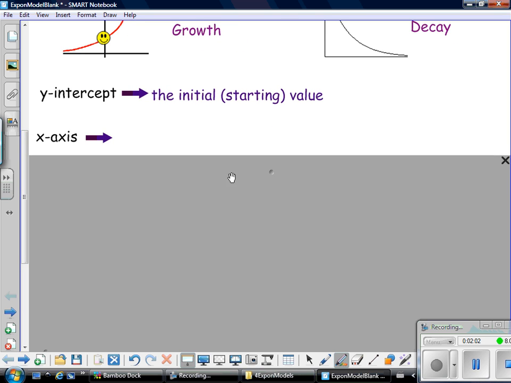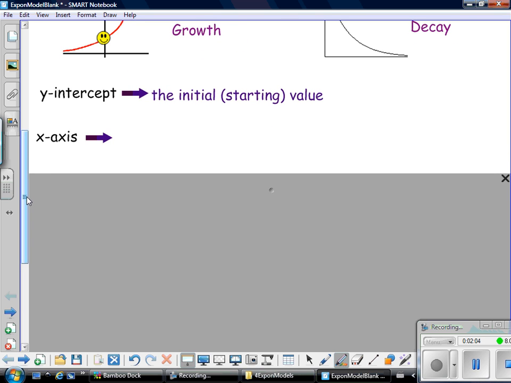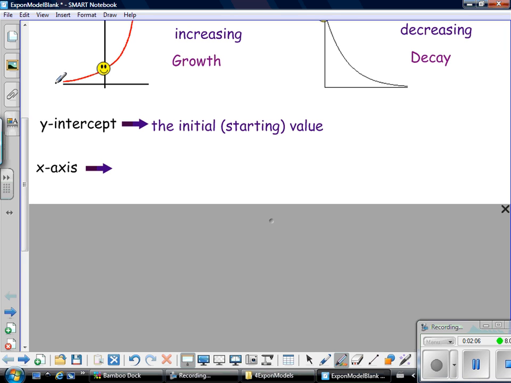When we talk about the x-axis, it's a little bit different. What we're talking about with the x-axis, and you saw me moving my cursor along there, is that the graph never touches it. If I did a trace function on a graphing calculator on the growth one and tried to find when it touched on the left-hand side, I wouldn't be able to.